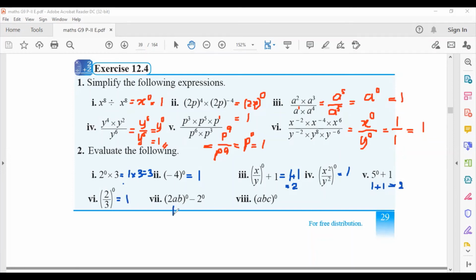This number is 1, it is power 0. Minus 2 to the power 0 is again 1. 1 minus 1 is 0. Here, any value except 0 to the power 0 is 1 according to the laws of indices. Therefore, this should be 1.